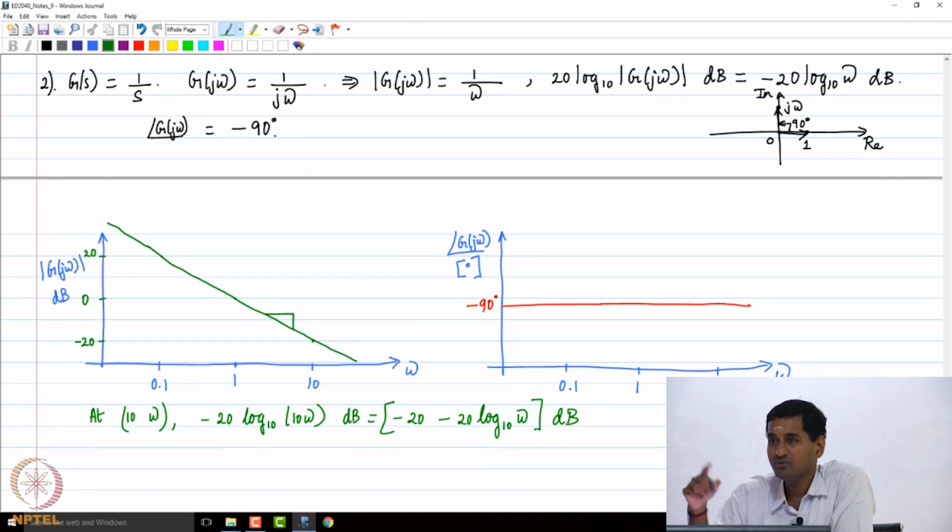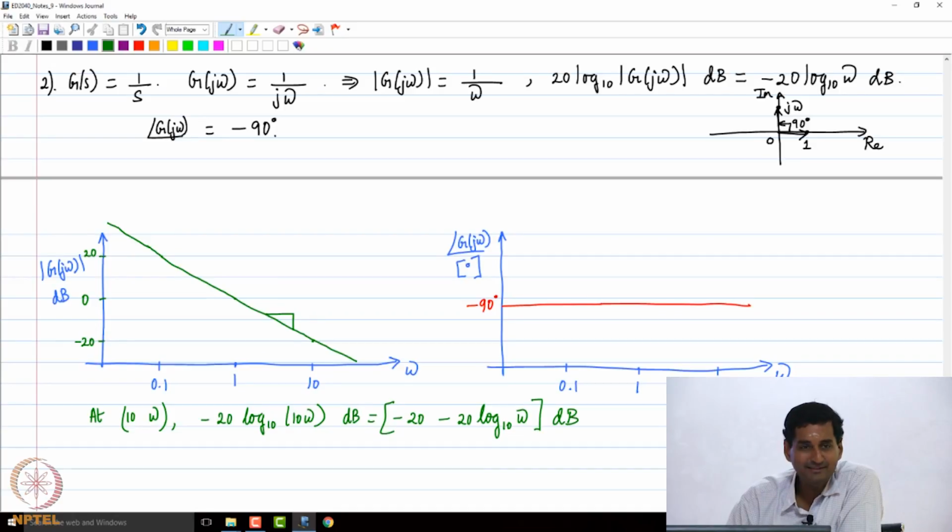You go to 10 omega, the value is going to decrease by 20 decibels.